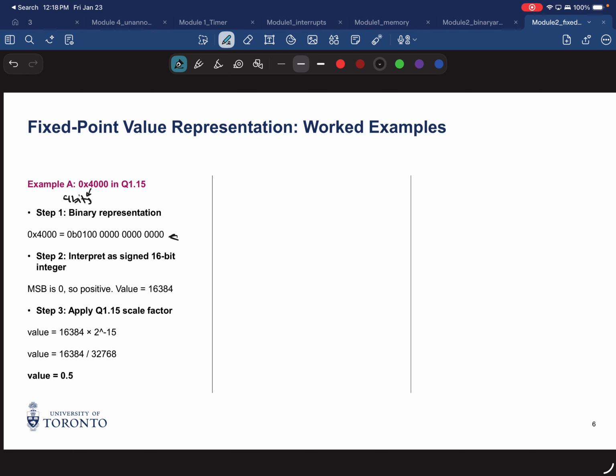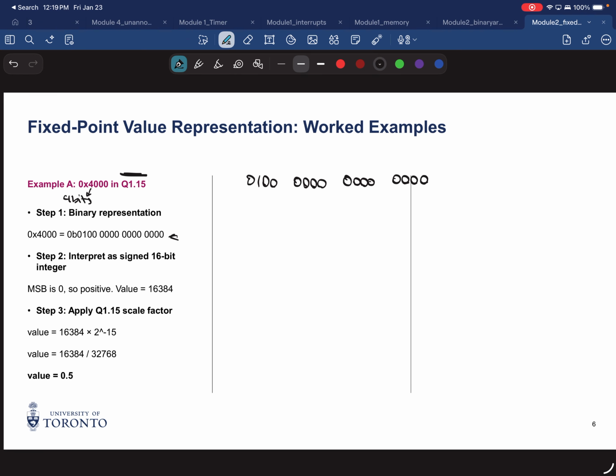Okay, now let's interpret this. I know I have it here, but I want to write it so we know. 1 0 0 0 0 0 0 0 0 0 0 0. Okay, so we said this is, and remember, this is Q1.15.